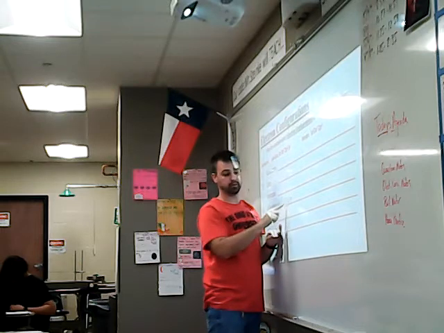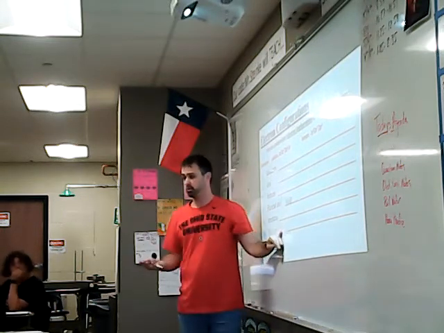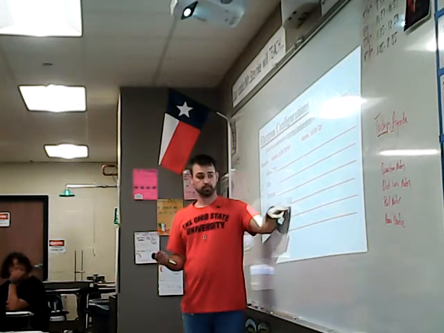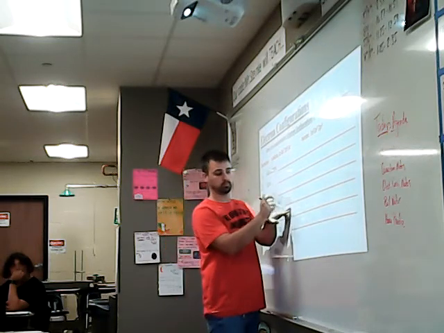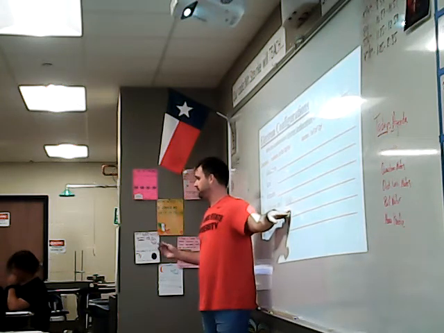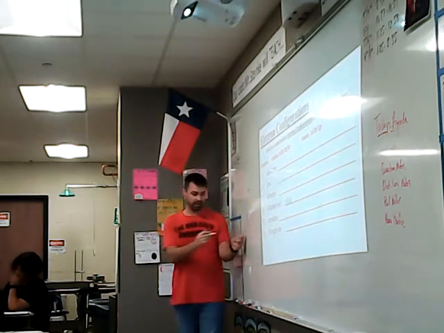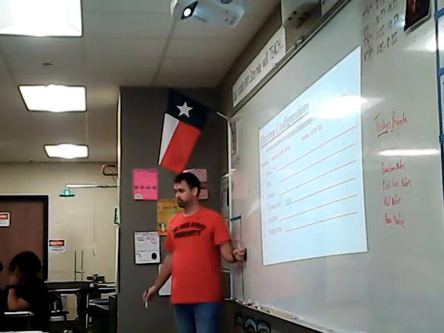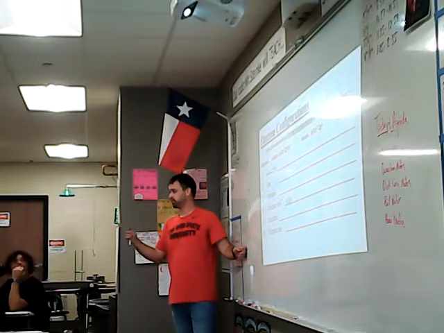What's the only available energy level that we can afford to add one to without breaking a rule? Just add one. 2p5 now becomes 2p6 because we added an electron. We'll talk about that in a second. And it'll make sense here in a second.